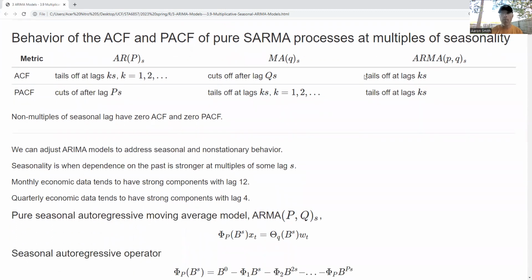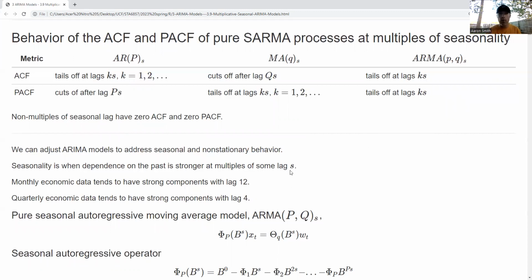And notice that if I have ARIMA, things tail off for both the ACF and the PACF. And so it's very similar to what we had before. All right, so now we can adjust our autoregressive moving average models to address seasonality and non-stationary behavior. Seasonality is when we have dependence on the past that is stronger at some multiples of a lag value.